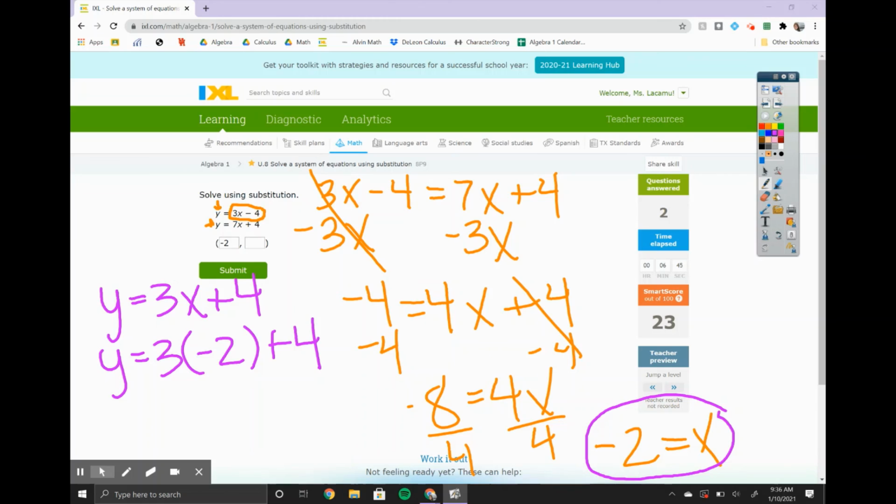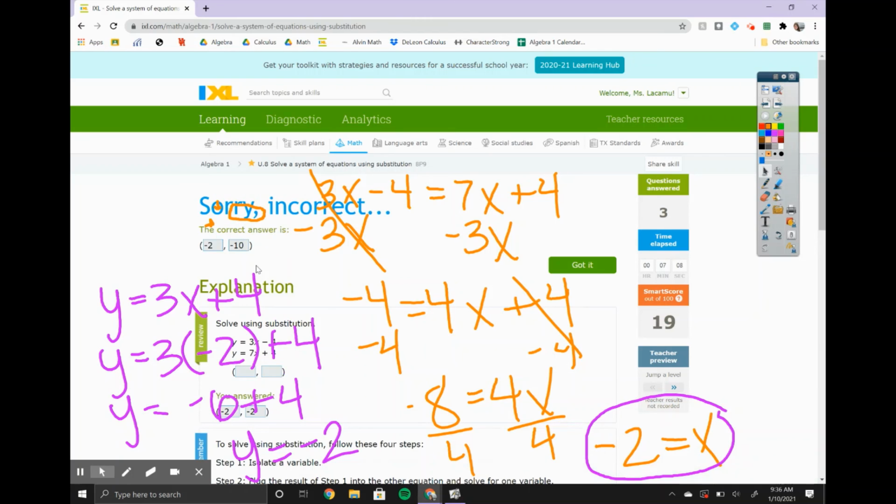Then we just simplify this. So y equals 3 times negative 2 is negative 6 plus 4. Negative 6 plus 4 would be negative 2. So in this case, both of them are equal to negative 2. They will not always both be the same.